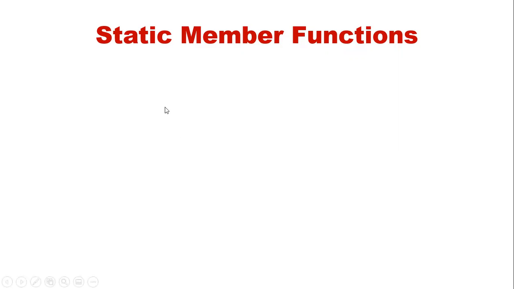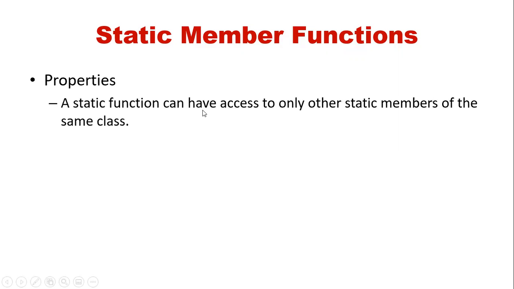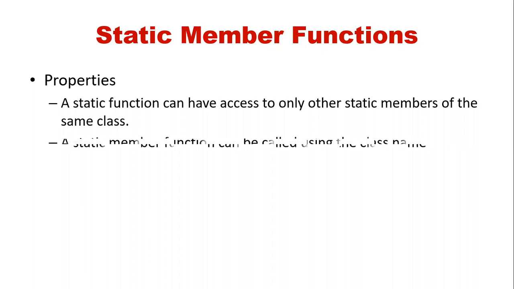Now, what is a static member function? First let us look at the properties. A static function can have access to only other static members of the same class, isn't it? A static member function cannot access other data members. Only the static data members can be accessed by a static member function.